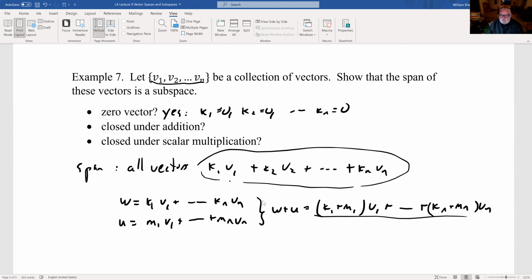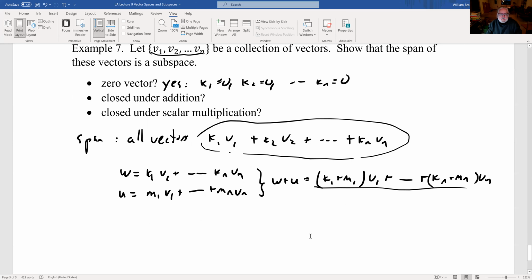And so w plus u is a linear combination of v1 through vn, so it's also in the span. It's closed under addition.